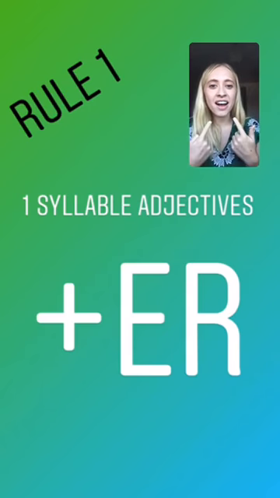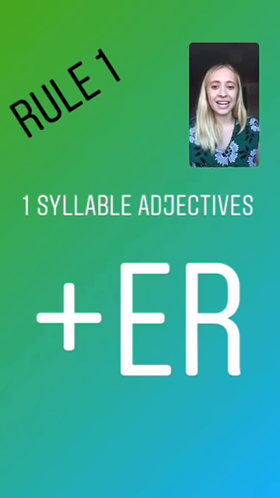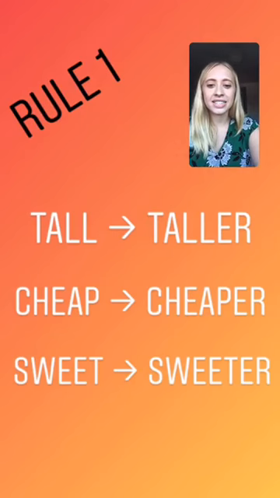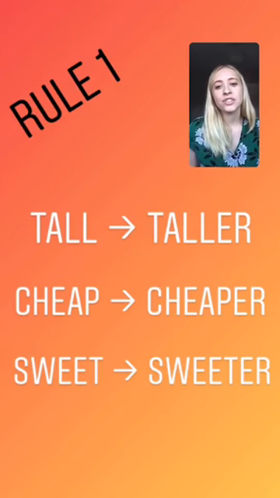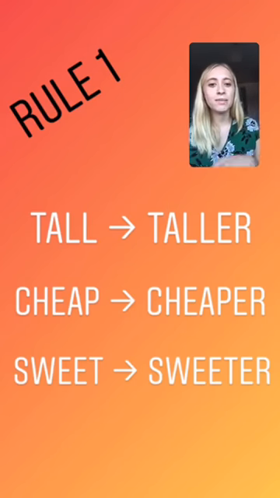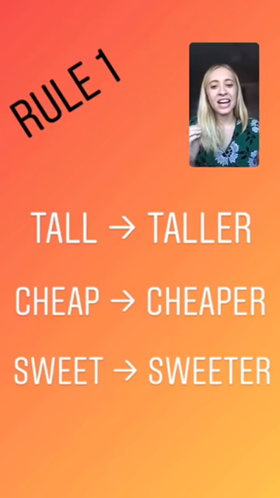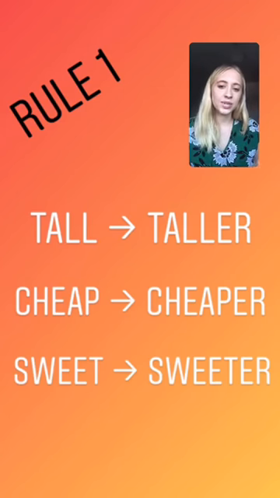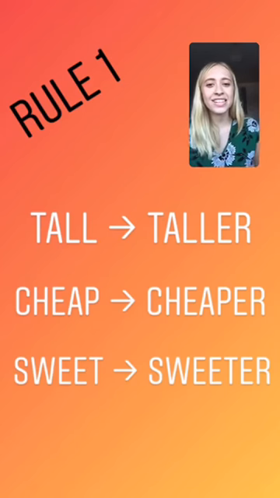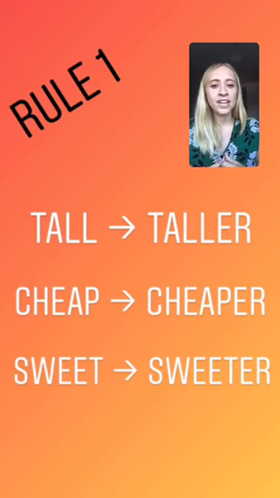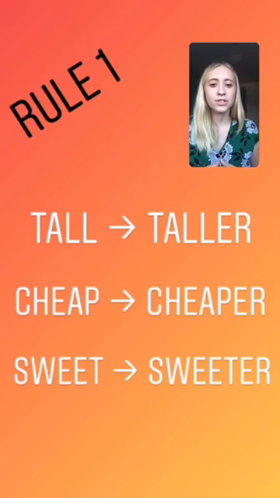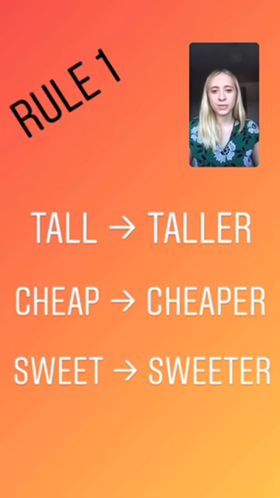You are adding an er sound. Let's look at some examples. So you have tall becomes taller, cheap becomes cheaper, and sweet becomes sweeter. That sound is taller, cheaper, sweeter.